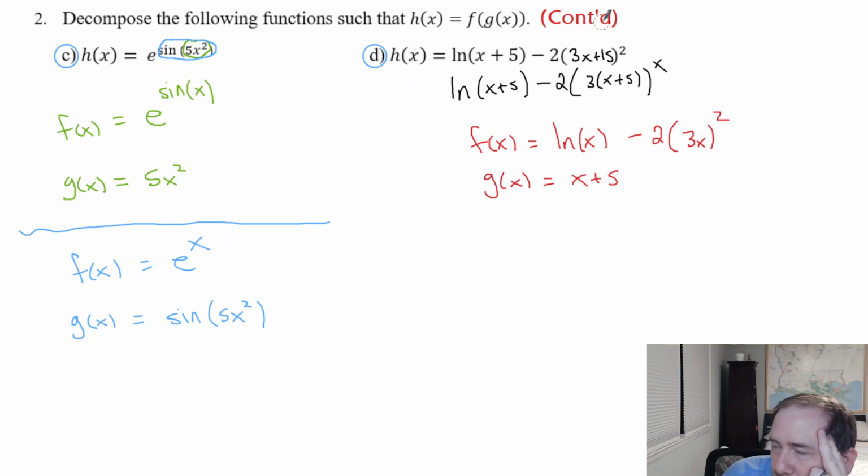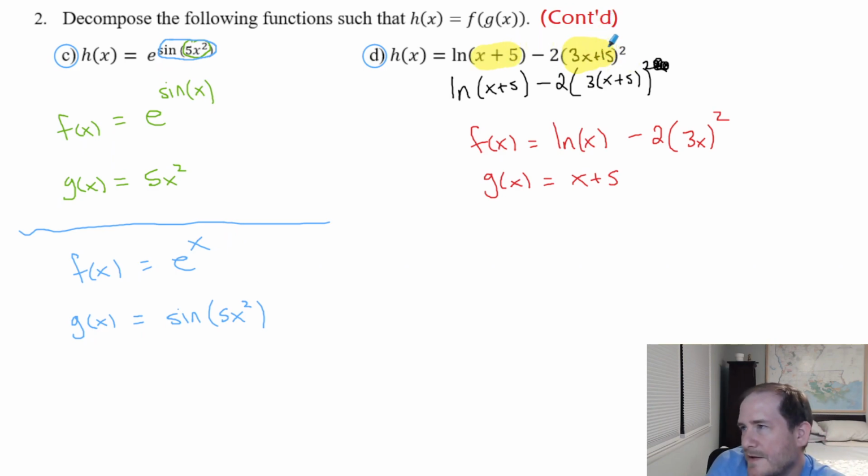And I'm realizing I put an x up here. That's just squared. All right, but there you go. You can see how this would be a little trickier if we tried to hide that inner function from you. But I'd like to think you'd be wise to that little trick and catch on just fine. All right, moving on.